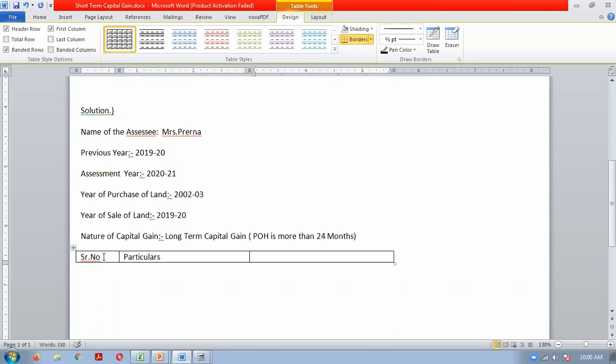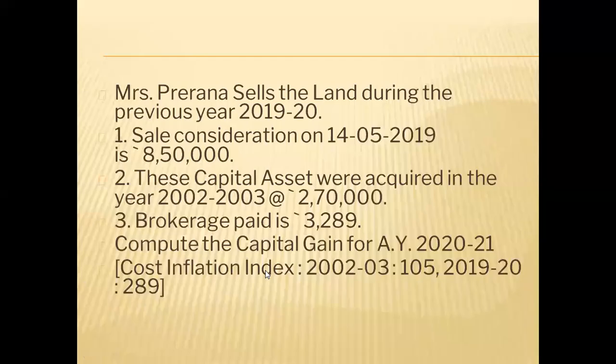Particulars, amount in rupees. First, we will take the sale consideration. Always we will start with sale consideration. What is the sale consideration? For how much rupees am I selling the land?